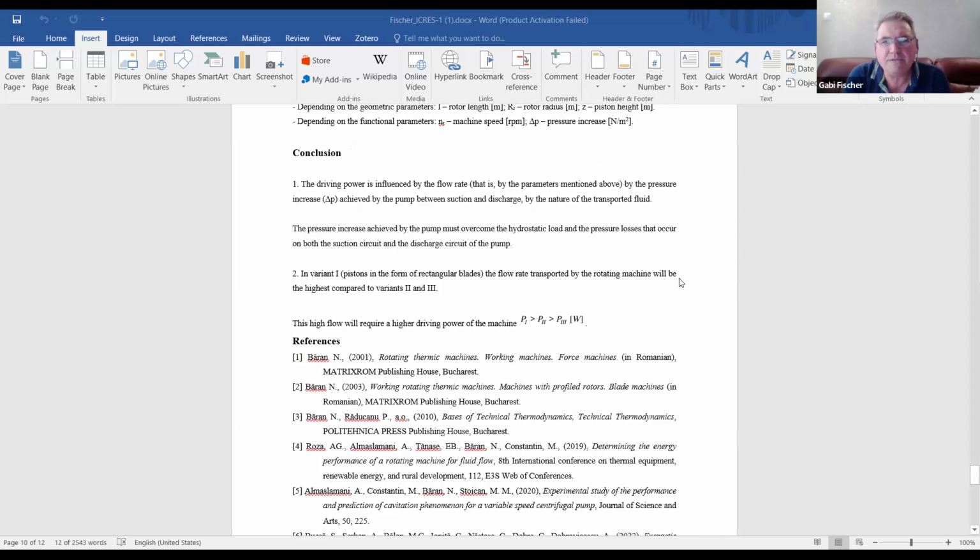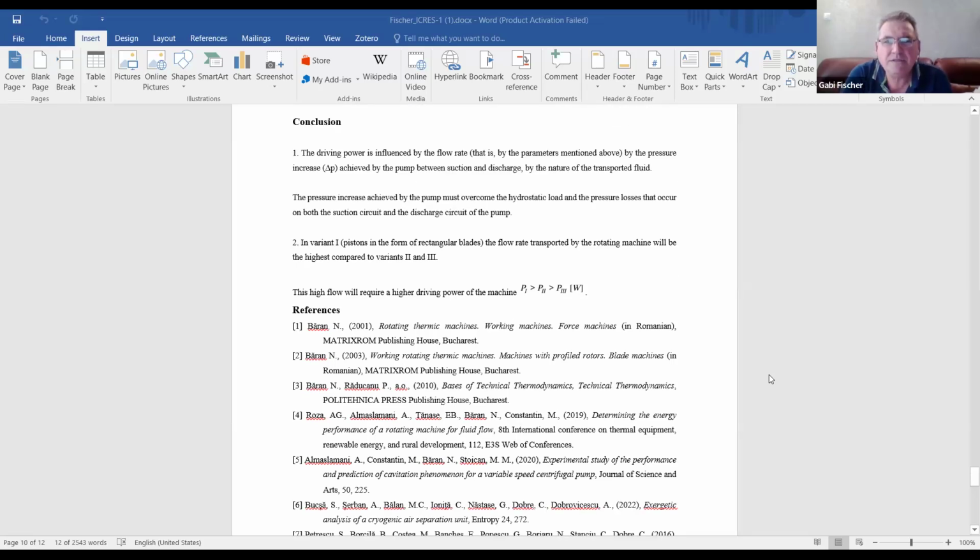The pressure increase achieved by the pump must overcome the hydrostatic load and the pressure losses that occur on both the suction circuit and the discharge circuit.